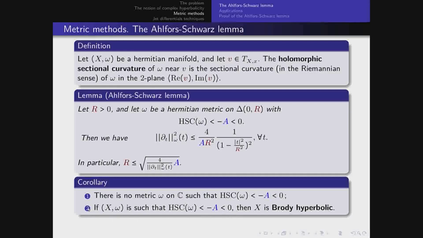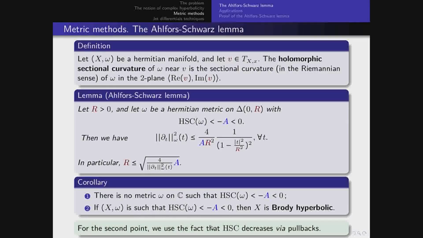To prove, using the first point, that the second point holds, we use the fact that the holomorphic sectional curvature decreases by pullbacks. So if you have a map from C to X, you would be able to pull back to C any such Hermitian metric and contradict the first point if you had an entire curve in X.